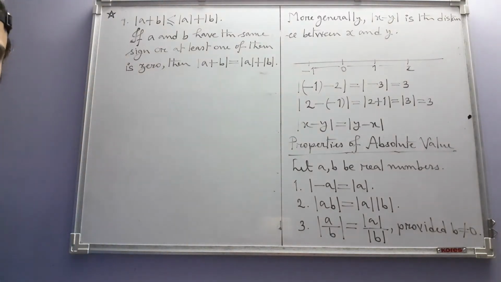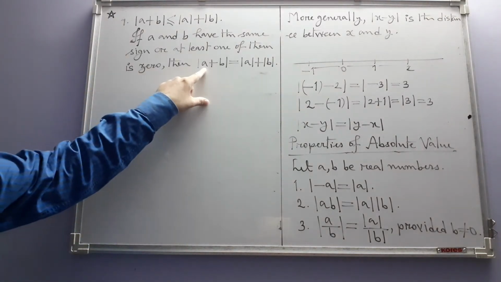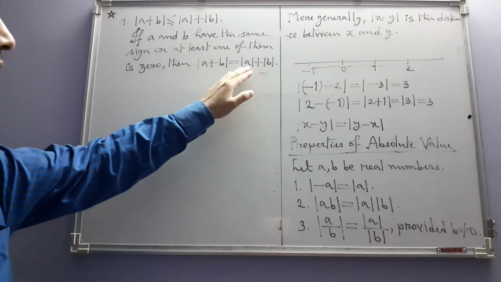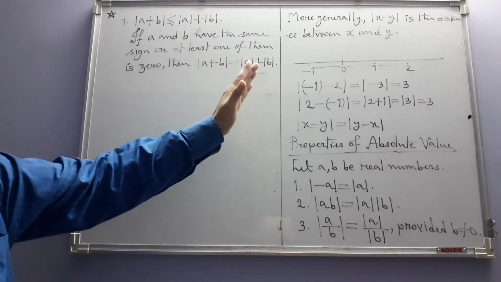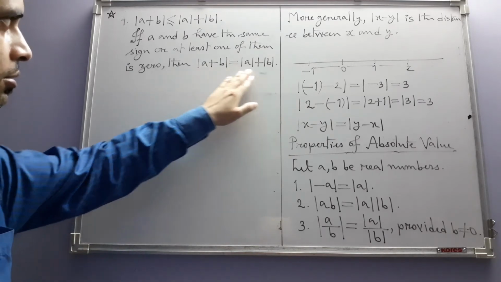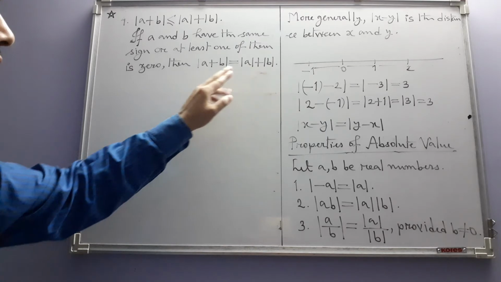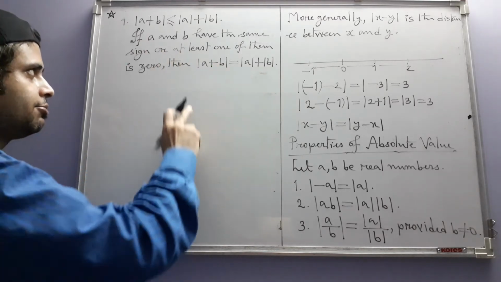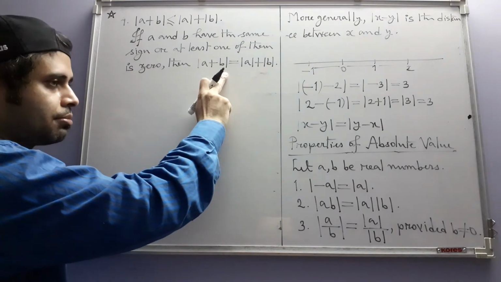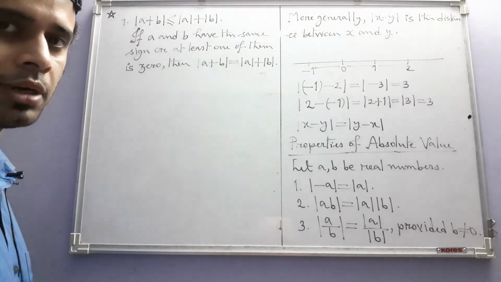If at least one of them is 0, say if a is 0, then the left hand side is absolute value of b, and the right hand side is also absolute value of b, because this becomes 0. So in that case we have equality, and we also have equality if they have the same sign, that is if both of them are positive or both of them are negative.